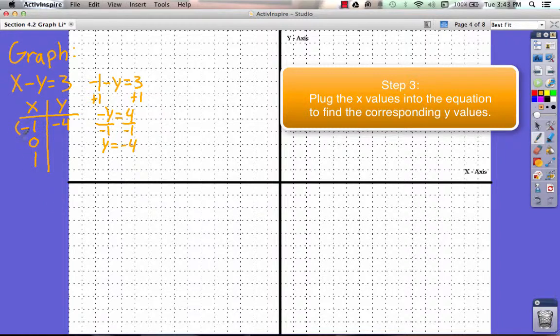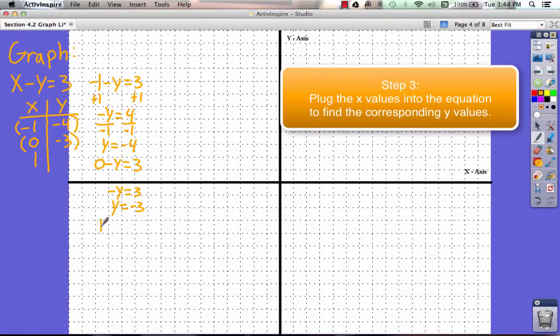Take 0. We're going to take 0, plug it into the equation. If I plug it in, that's going to give me 0 minus y equal 3. So that's just negative y equal 3, which means y equals negative 3. You divide by negative 1 on each side. Now we take 1, plug it in.